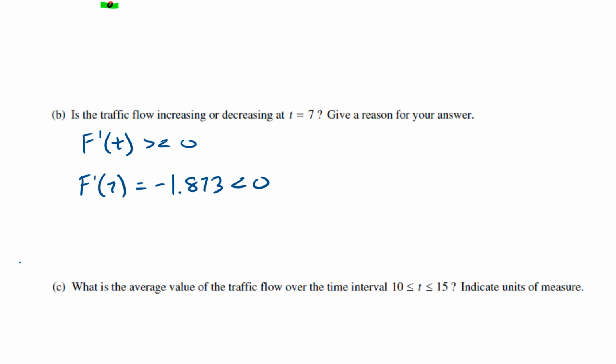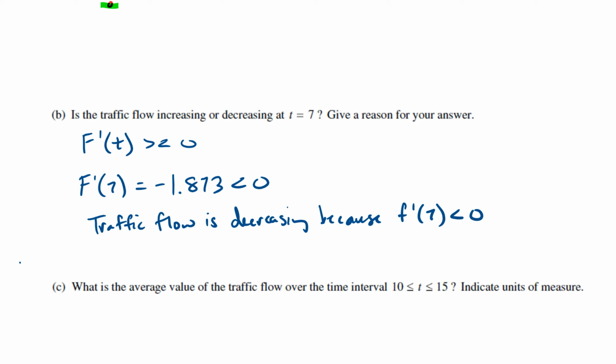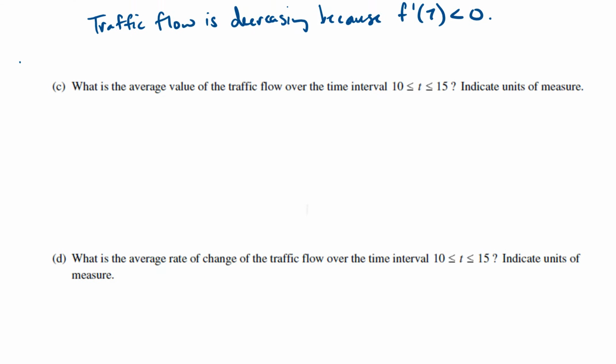So we would simply just have to say traffic flow is decreasing because f prime of 7 is less than 0. And that's going to be just 1 point, and that's just going to be for the answer with the description.